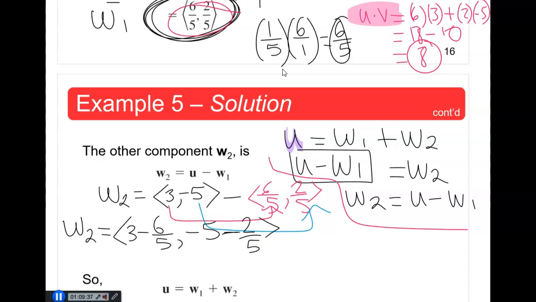Now here we have whole numbers and fractions. The whole numbers have a denominator of 1, and so we have to convert them into fifths. So W sub 2 will equal 3 in terms of fifths is 15 over 5.